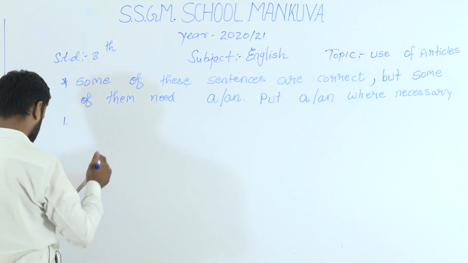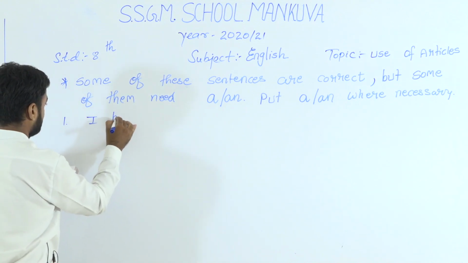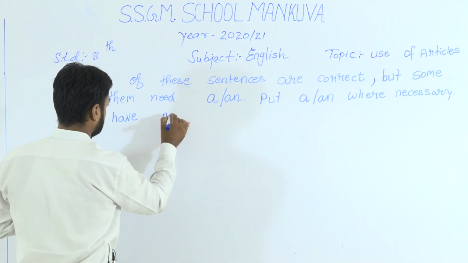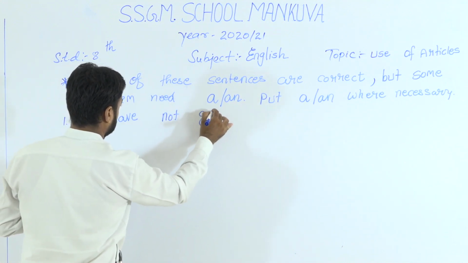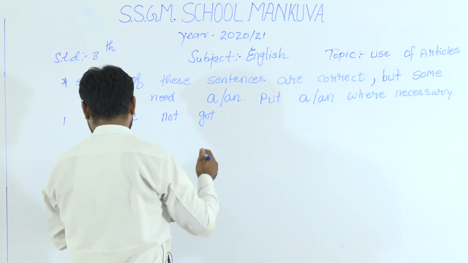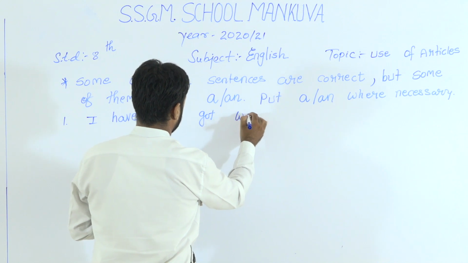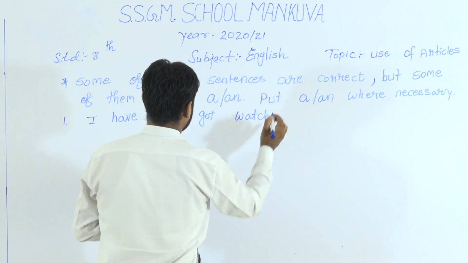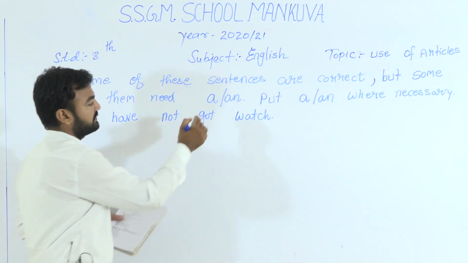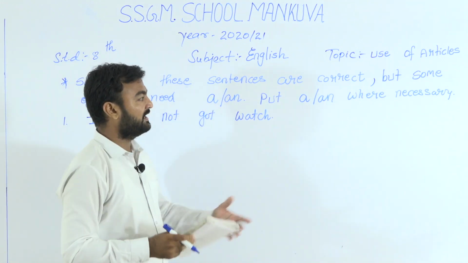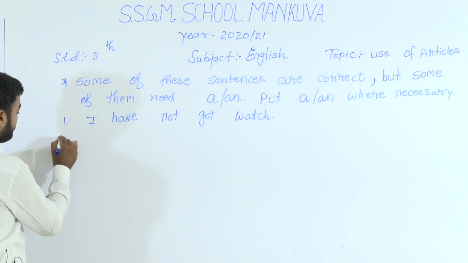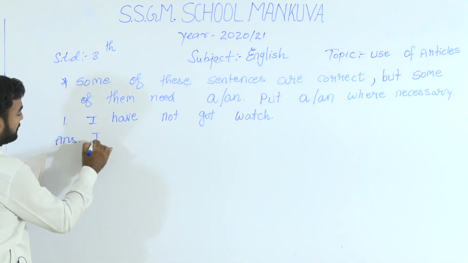Number one, I have not got watch. Now what you have to do is put a or an where necessary. In this sentence I am solving one as an example.